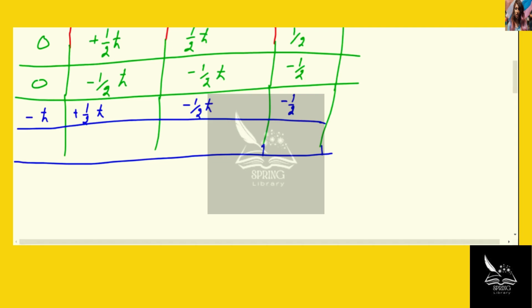Now for the last case, for z component of orbital angular momentum, that is minus h cut, for z component of spin angular momentum, that is minus half h cut, this gives us z component of total angular momentum equal to minus 3 divided by 2 h cut. This gives us quantum number equal to minus 3 upon 2.